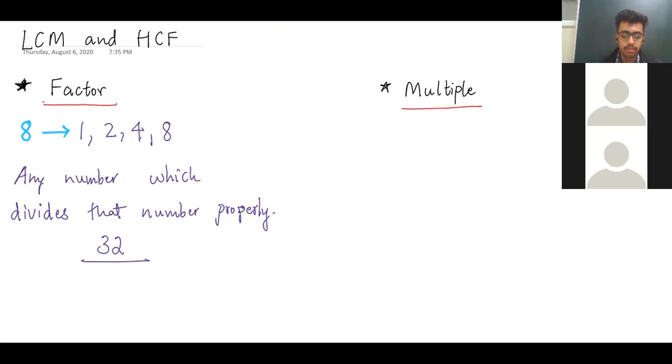You can find the factors by prime factorization also, but what is the easiest method? Remember this: 1 into 32. Start from 1 and see what gives 32. Okay, so 2 into what will give me 32? 16.